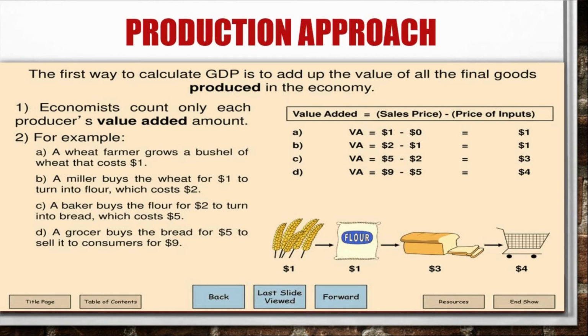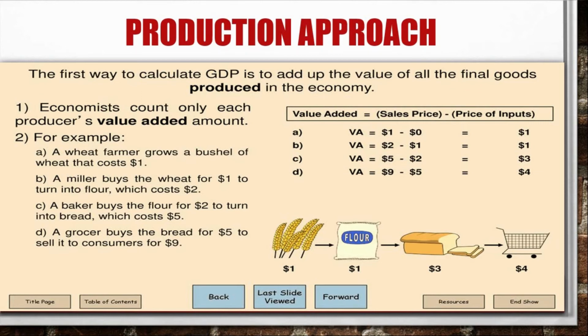So it's $3. And the final product, the finished good, adds $4. Remember that if we sum up the value added, we get $1 plus $1 plus $3, which is 5. But the value added is the final product's price.